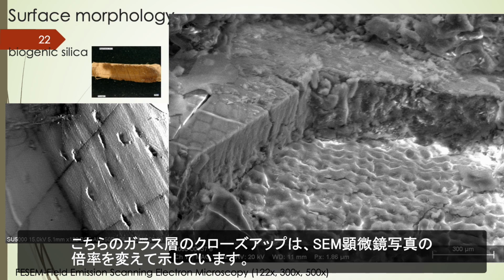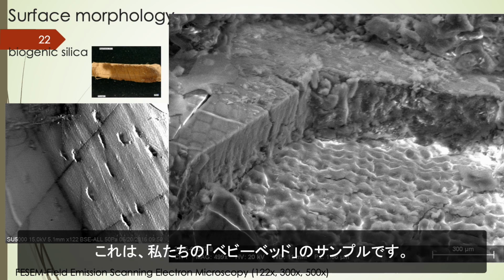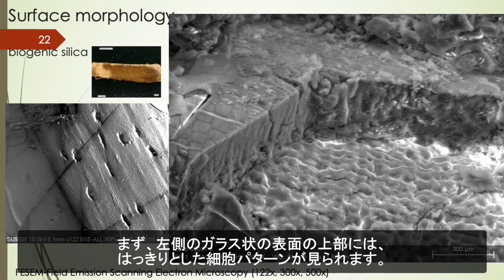The close-up of the glassy layer is shown here at different magnifications in scanning electron micrographs. Both of them are generated by a scanning electron microscope. Again, the sample which we are looking at came from our child's coat. First, on the left, we are looking at the top of the glassy surface, which has a clearly defined cellular pattern.